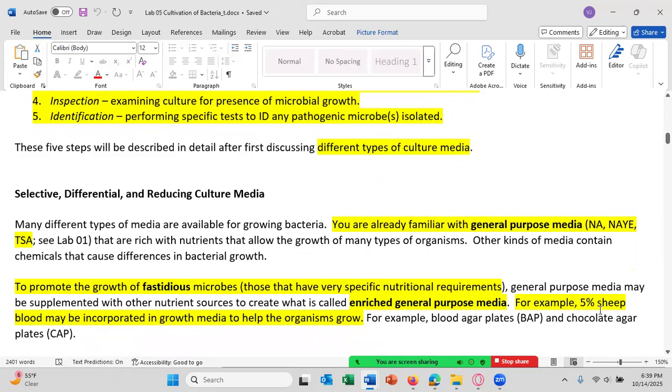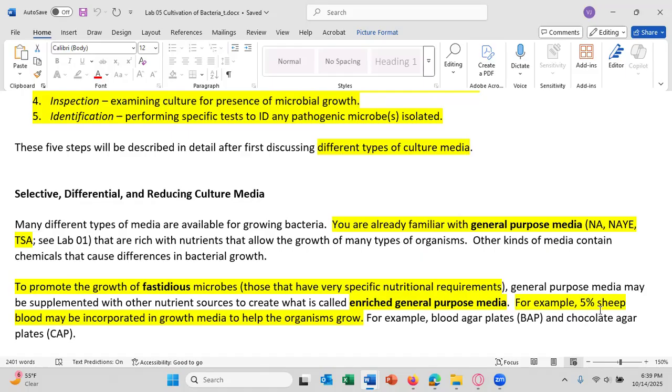You're already familiar with general purpose media, such as NA, nutrient agar, NA, or nutrient agar with yeast extract, and TSA, or tryptic soy agar. These are all media to grow many organisms, but we call them general purpose because they are not selective. They grow many organisms, but they do not grow fastidious organisms.